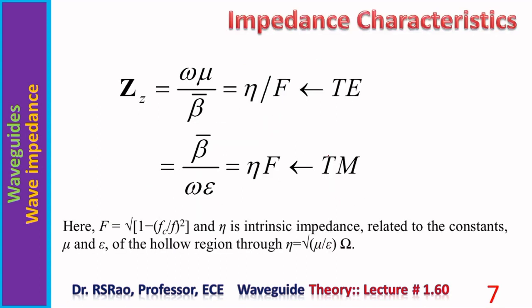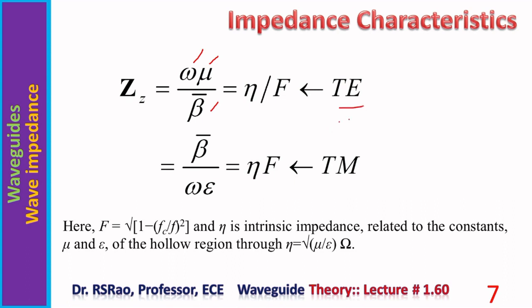So by substituting Ex, Ey, Hx, Hy, the expressions shown in the previous slides, in the defining relation of Zz, one can find that the wave impedance for TE is omega mu by beta bar, where omega is frequency, mu is permeability, and beta bar is the phase shift constant along the length of the guide, which can be shown to be eta by F. Eta is intrinsic impedance.